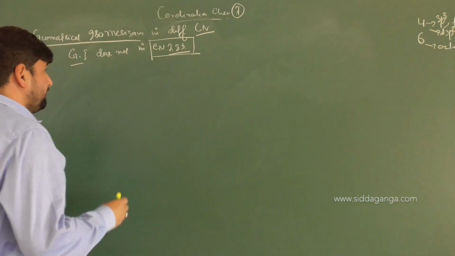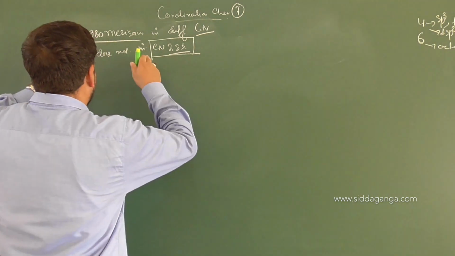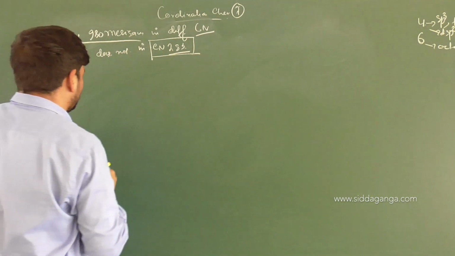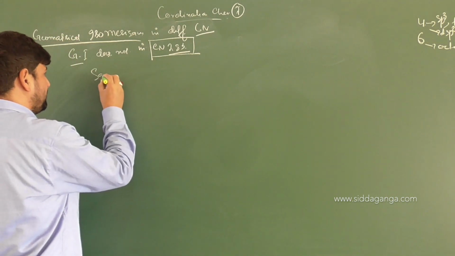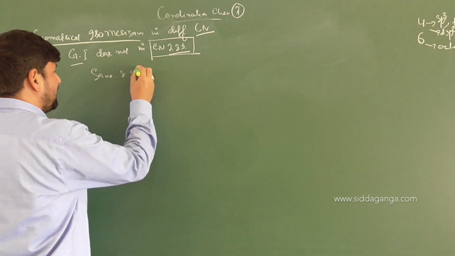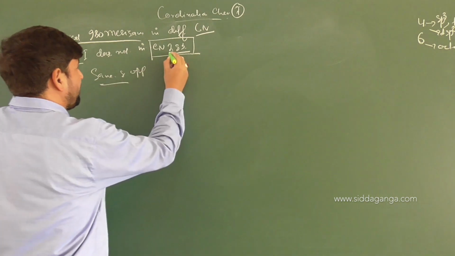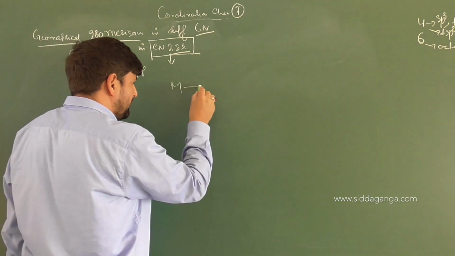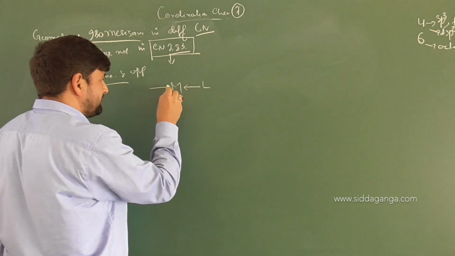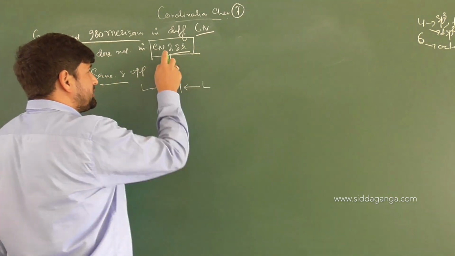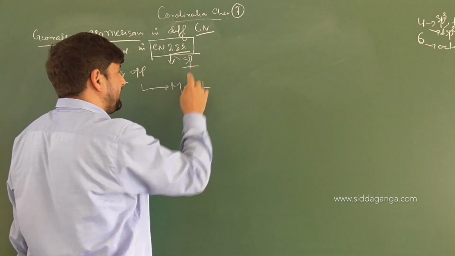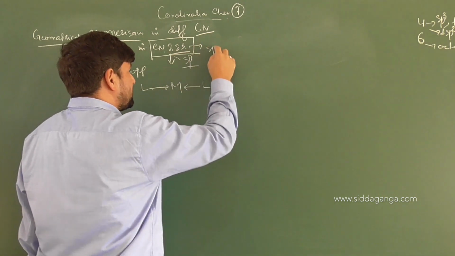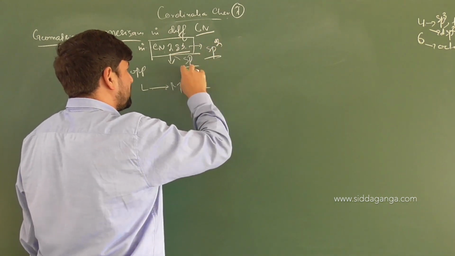Because when we talk about cis and trans isomers in geometrical isomerism, we say on the same and opposite side. However, when the coordination number of a metal atom is 2, suppose we have a metal atom, attach it with a ligand and attach it with a ligand. Coordination number 2, hybridization will be usually sp, and in coordination number 3, hybridization will be sp2.